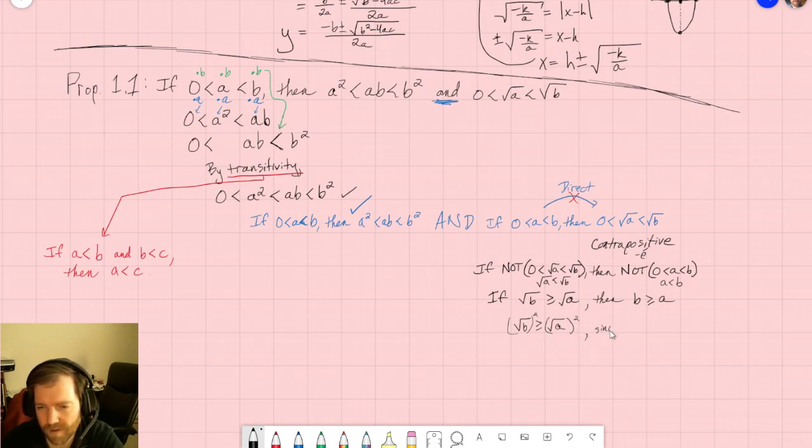And since a and b are both greater than 0, realistically it could be 0 also, root b is going to be squared and root a is going to be squared, then they preserve their positions on the number line relative to each other and relative to 0.